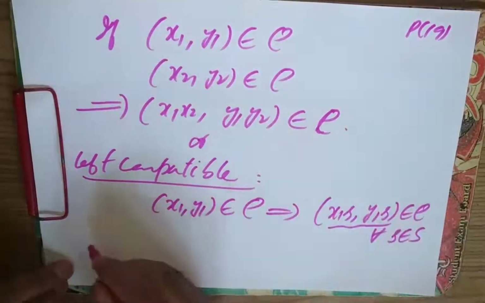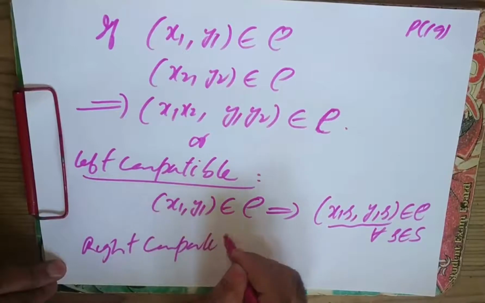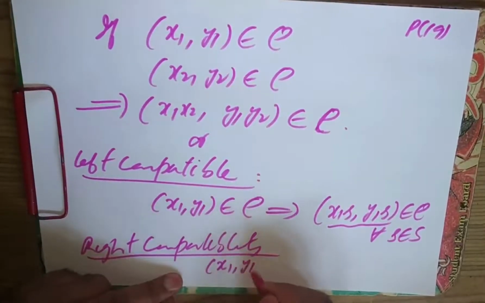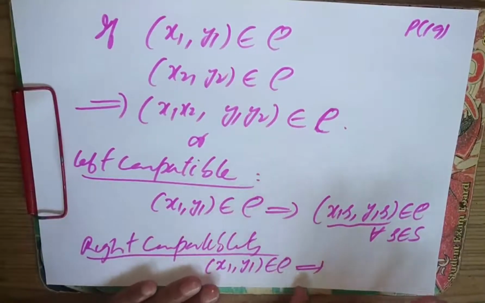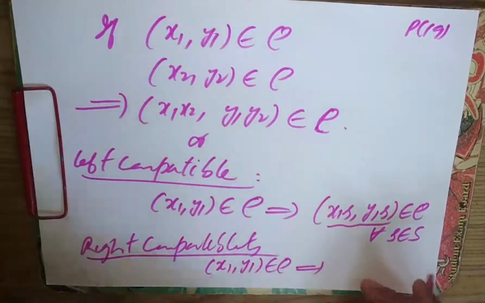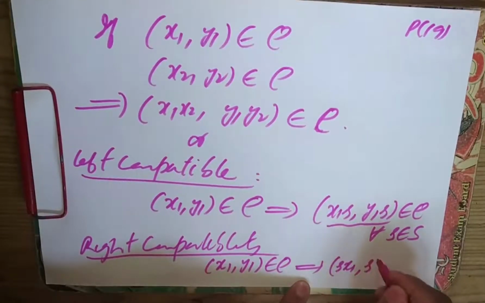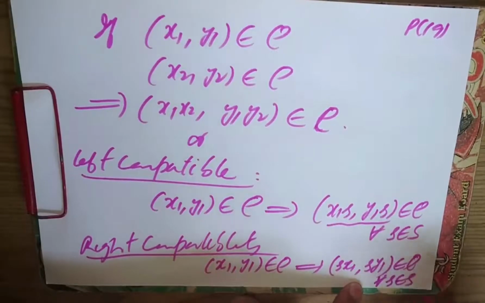That's called left compatibility. Similarly, we have right compatibility: whenever the pair x1 comma y1 belongs to rho, and we multiply on the right by any element s of S, the resultant pair x1 s comma y1 s should also be in rho for all s in S. That's right compatibility.